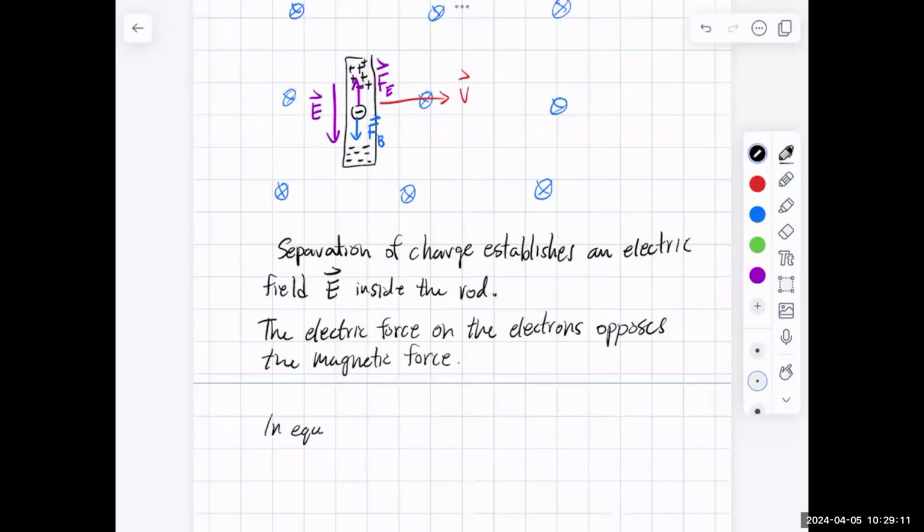In equilibrium, the two forces balance, and charge stops migrating. Okay, so we'll end up with this equilibrium distribution of some negative charge at the bottom and some excess positive charge at the top.